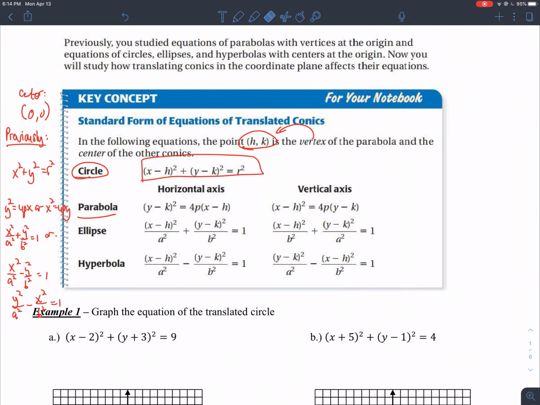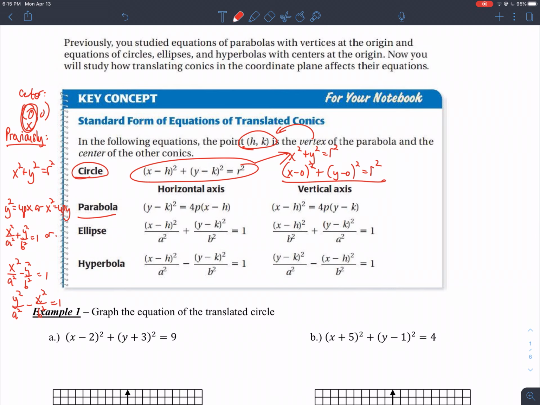Now, if you think about that carefully, then you'll see that it actually works for what we did before. Before, we said that our equation for a circle at least was this. But if I plug the center coordinates into this formula, it actually gives me this equation. So if I do x minus 0 squared, where the 0 is this 0 right here, which we call h, plus y minus 0 squared equals r squared, you know that that's the same as this.